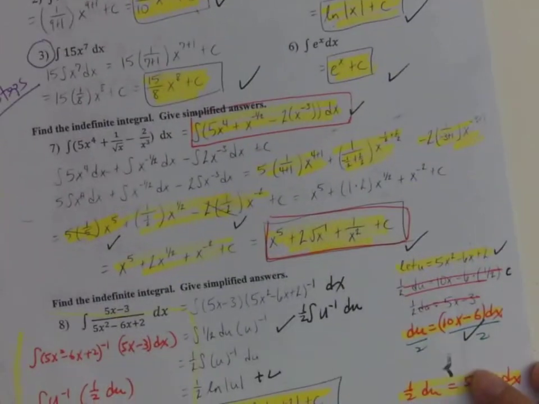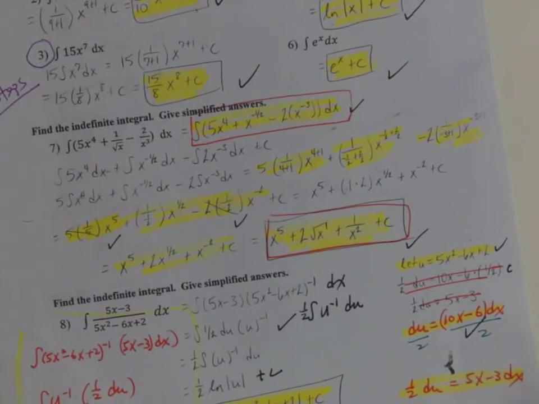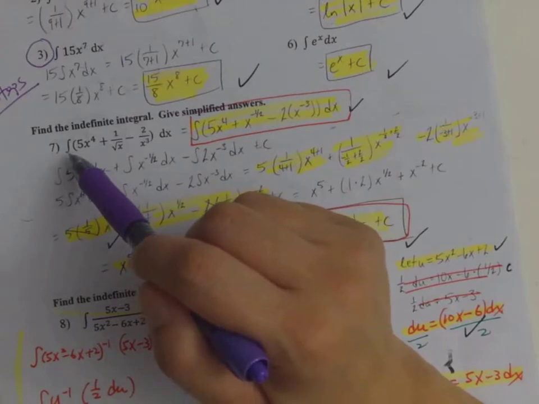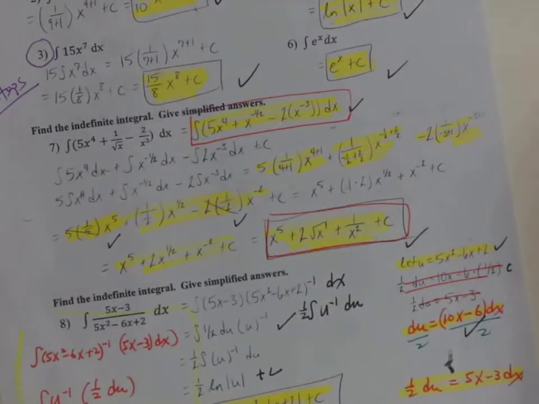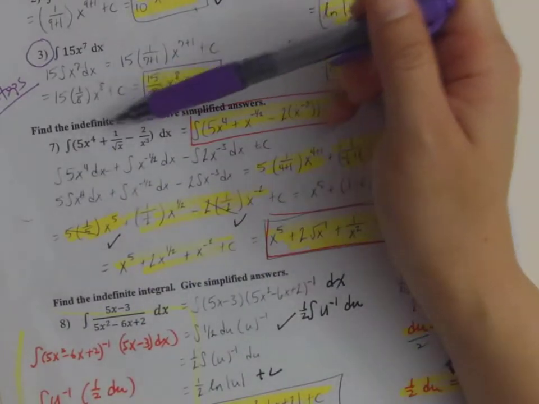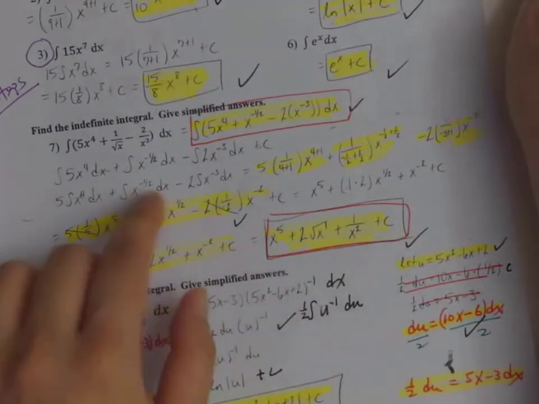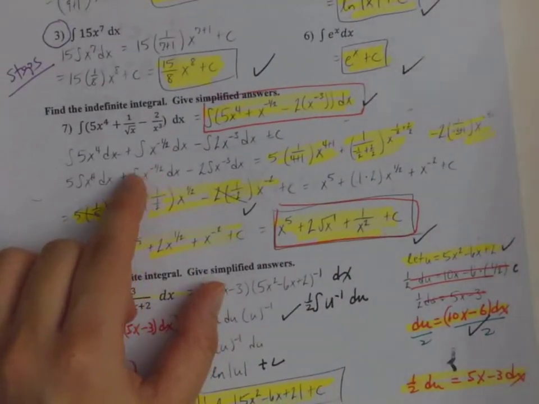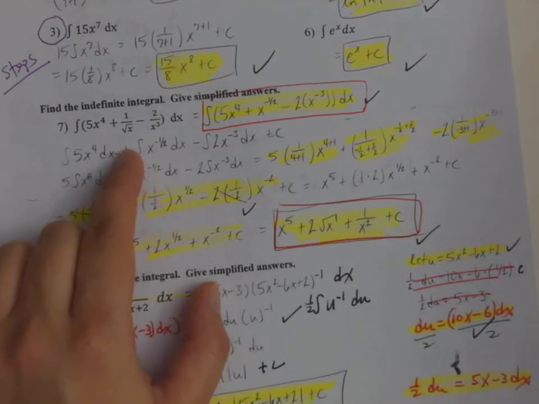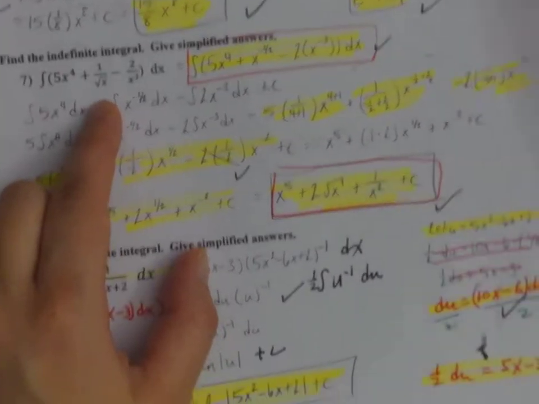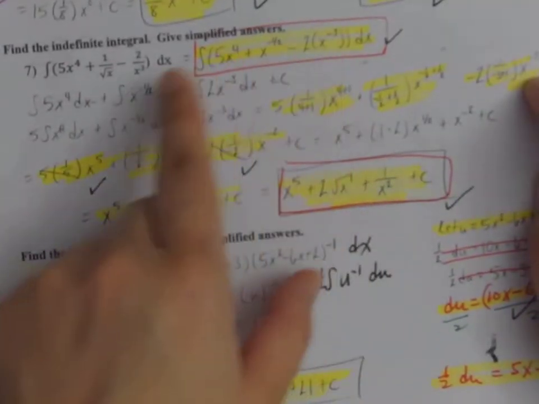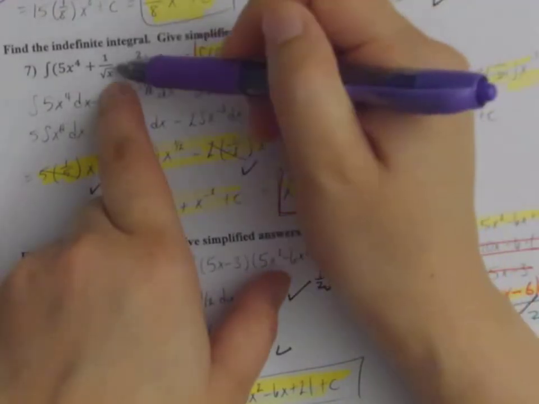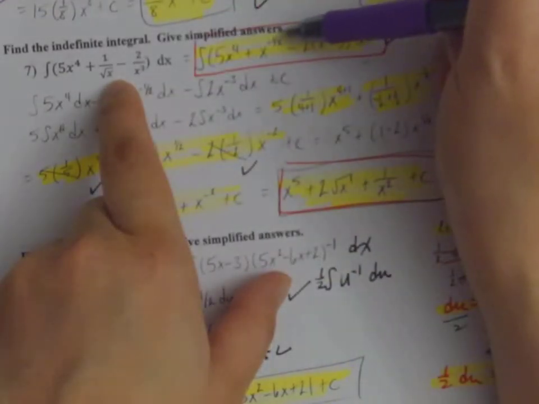Alright, so the next one is still an indefinite integral, because it doesn't have lower limits and upper limits, right? So for this one, we do one term at a time. For the ones with a more complicated denominator, we should rewrite them with exponents, right? So this one is in the denominator, so it's going to be -1/2 power.